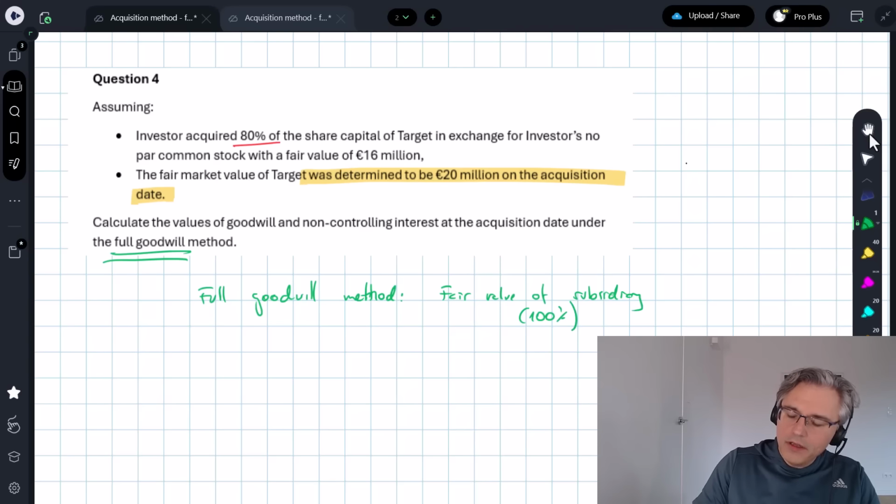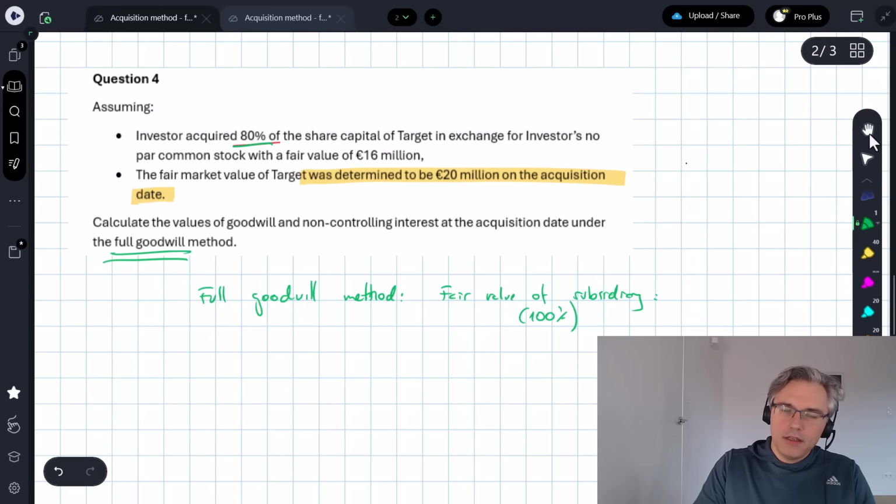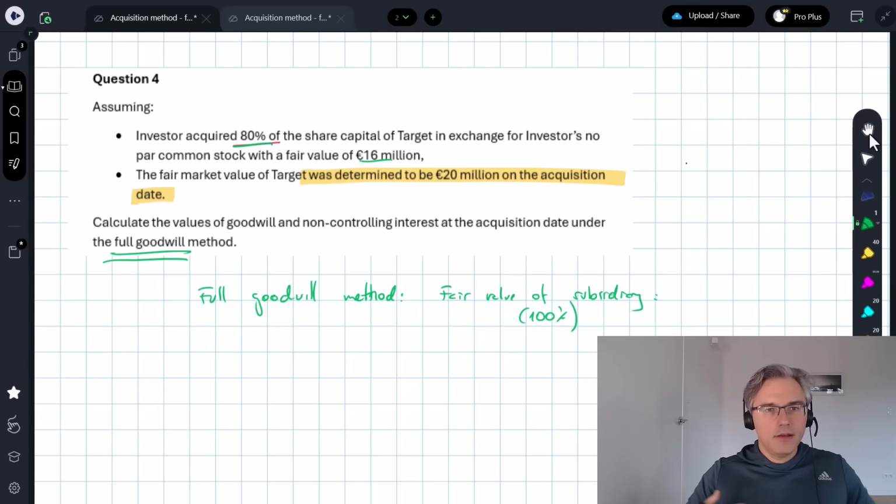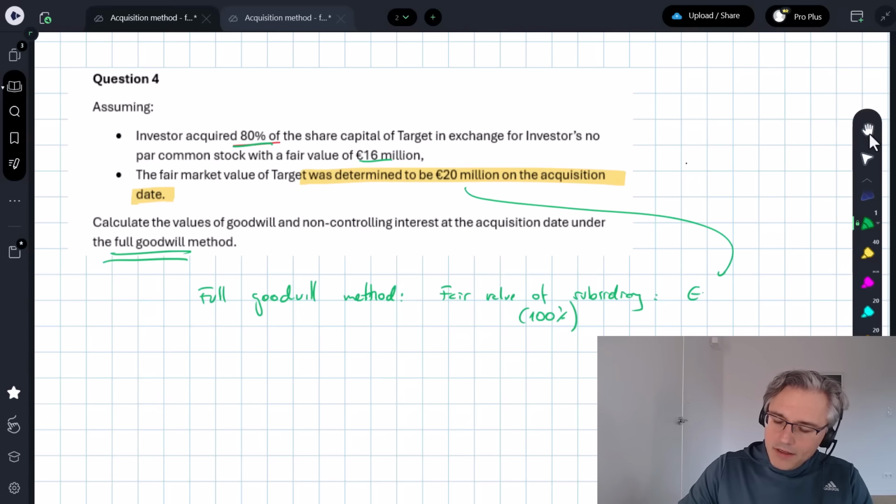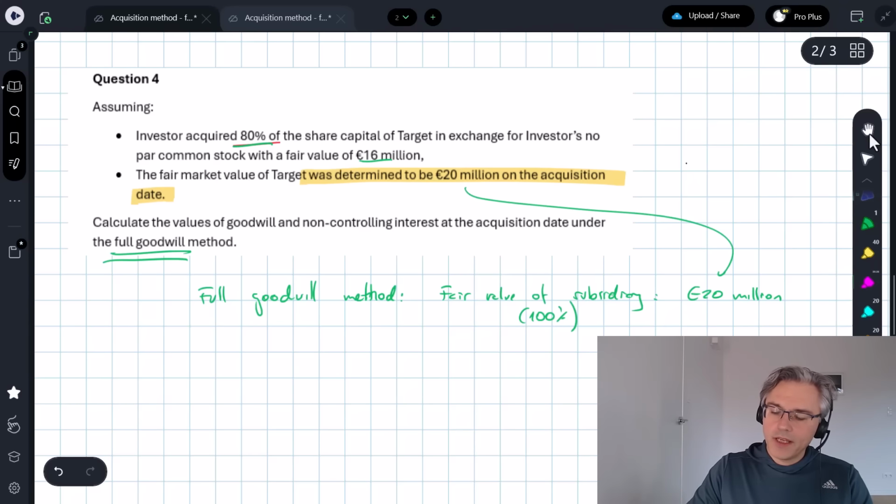What's the company worth fully? Now, even though we only paid for 80% of it and we paid 16 million, I have to think about what it would be worth as if I was to acquire 100% of the share capital. And we're told 20 million. In reality, you need to estimate this. What many companies do is they extrapolate.